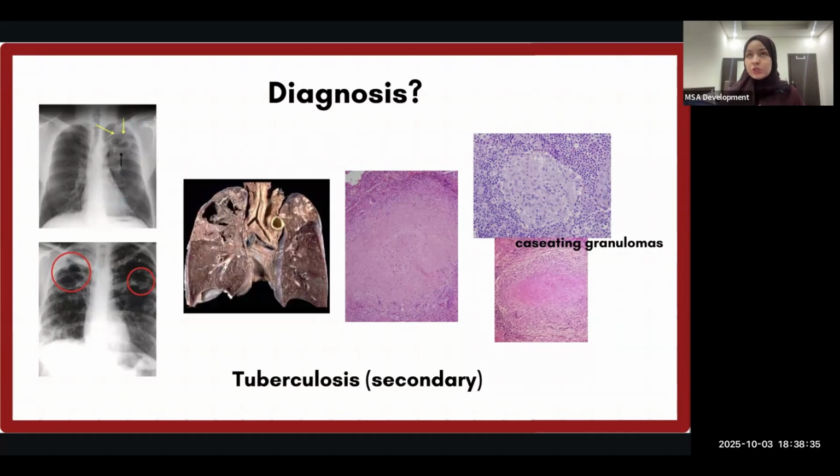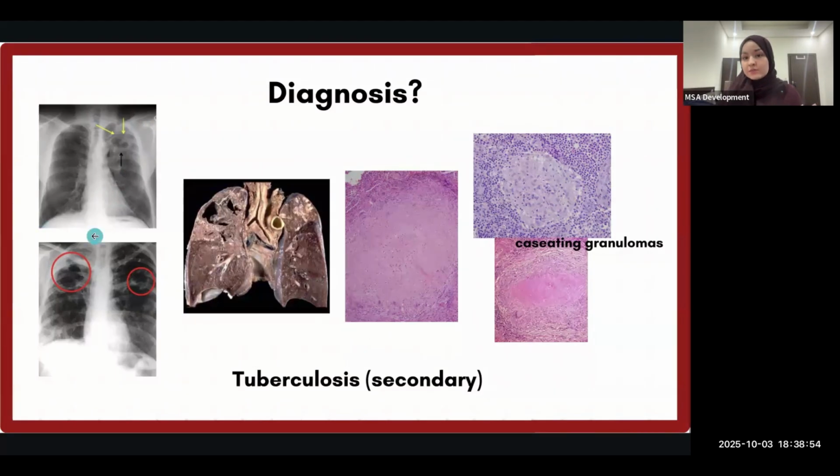Whereas primary TB is your initial ingestion of the organism. So the first place it goes to is the middle to lower lungs near the hilum. And that's where you'll have your Ghon complex or focus, and that will be in primary TB.